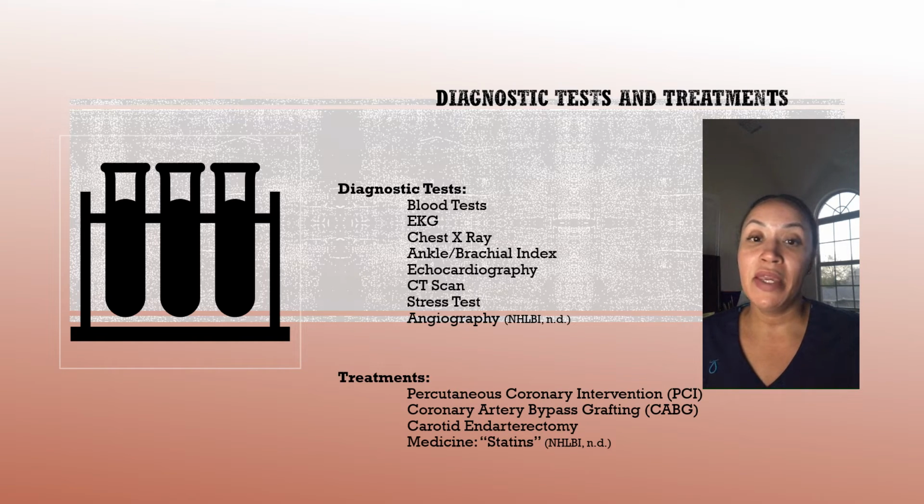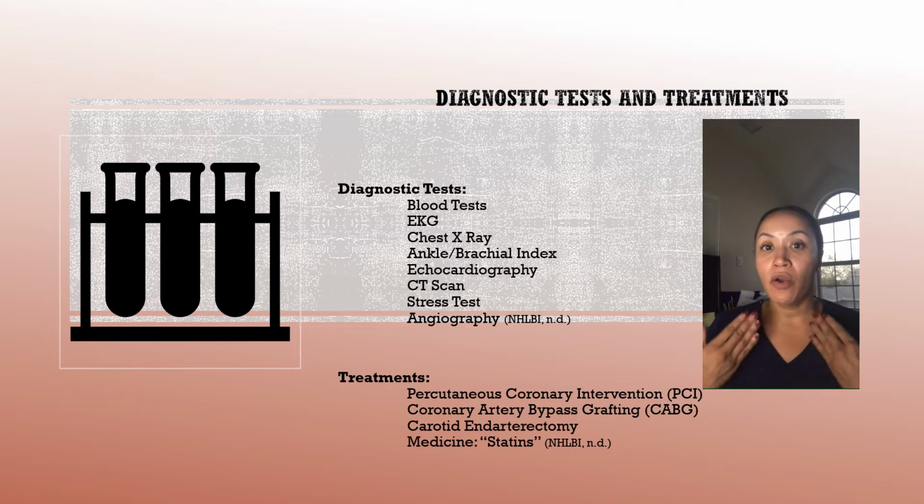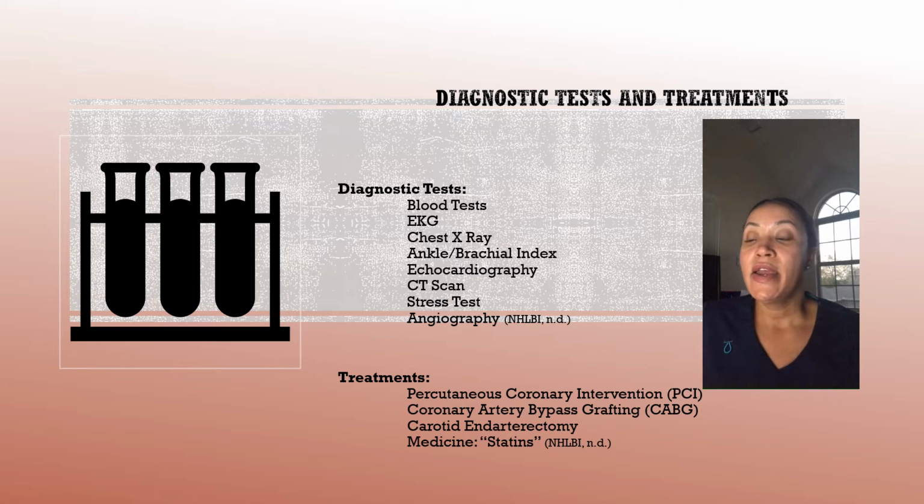Carotid endarterectomy is where they actually go in and remove plaque from the carotid arteries within the neck. And then the medicine mostly used for this type of disease is statins, because that helps with lowering the cholesterol within the blood level, which is one of the main reasons that there is plaque buildup causing atherosclerosis.